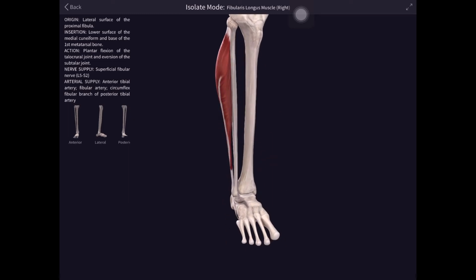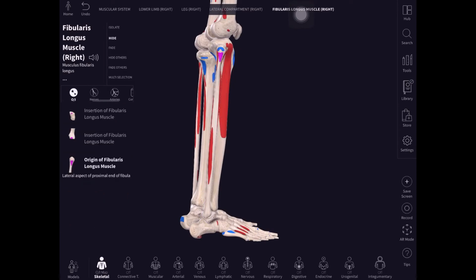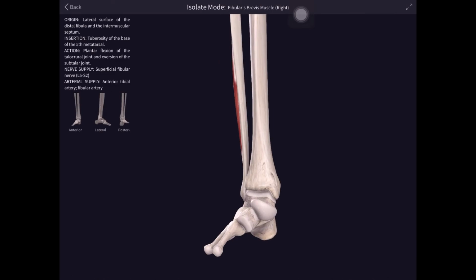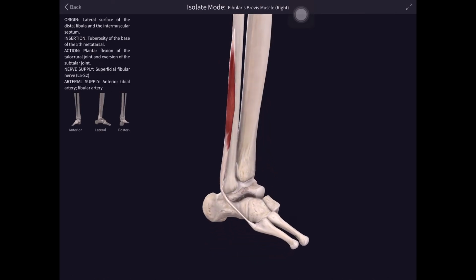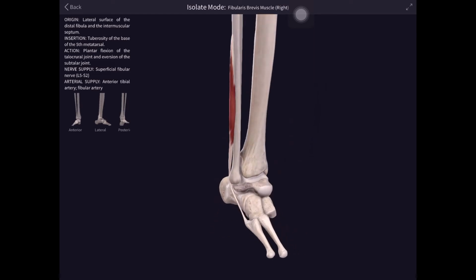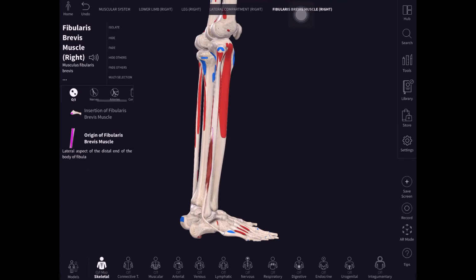And in the lower 1/3 area you have the fibularis brevis or peroneus brevis, and you see that muscle again. This muscle comes down and inserts to the base of the fifth metatarsal. So these are your two muscles coming from your lateral surface. So we are done with the lateral surface.